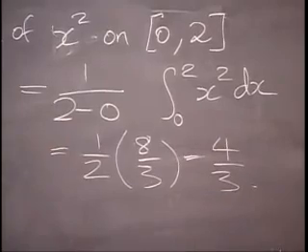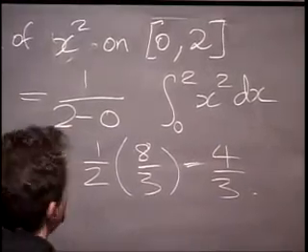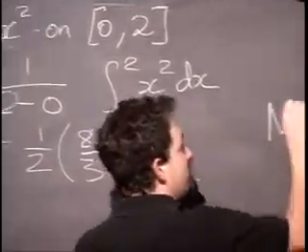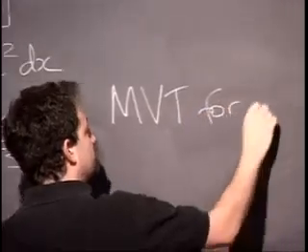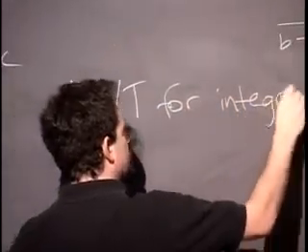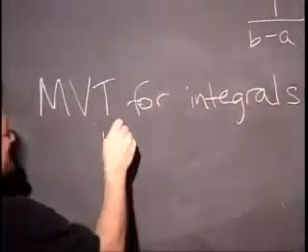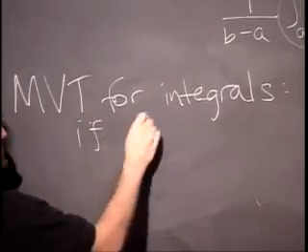Okay, so then all that's left is for me to state the mean value theorem for integrals. MVT for integrals. If f is continuous, you don't need any differentiation or anything like that.